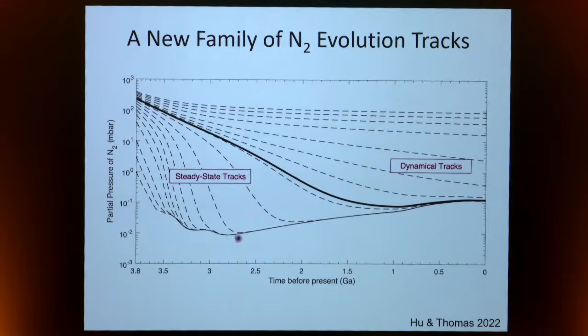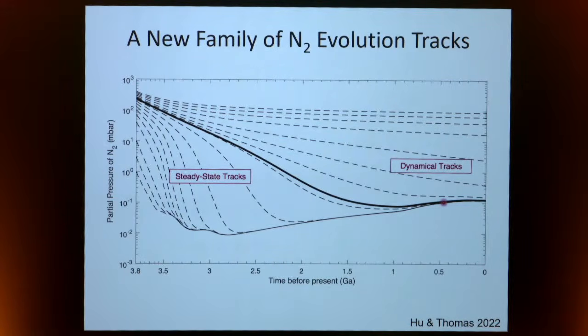And then it will basically continue as the steady state where the escape is balanced by outgassing. But when you have a pretty large amount of nitrogen, say about 100 to 200 millibar, then it will never reach that steady state, so it will be in a dynamic regime.